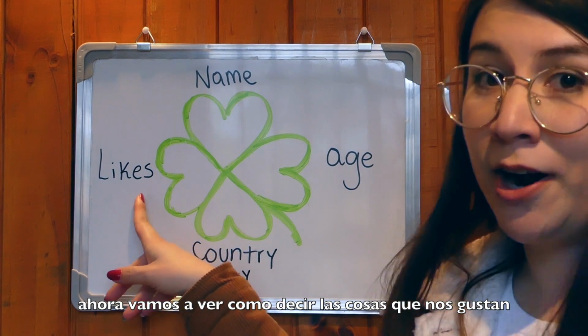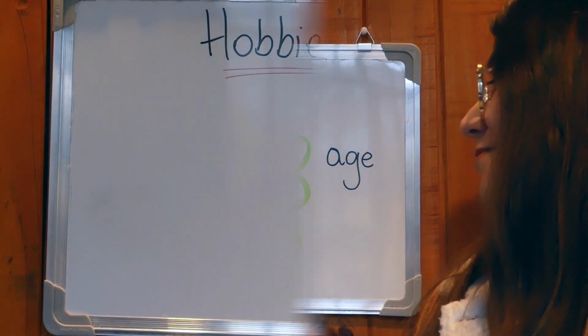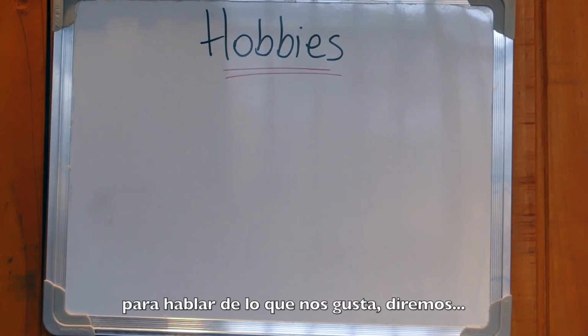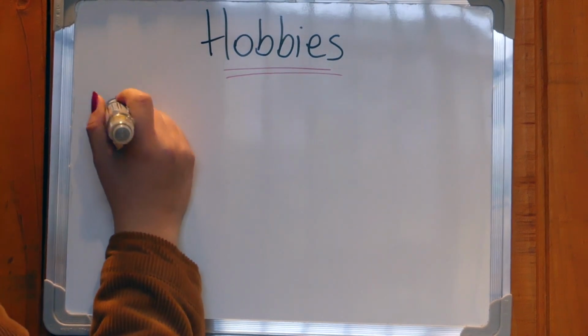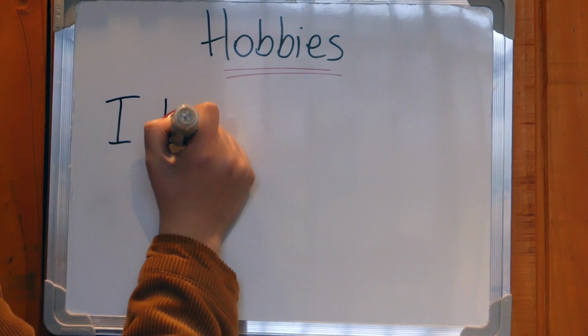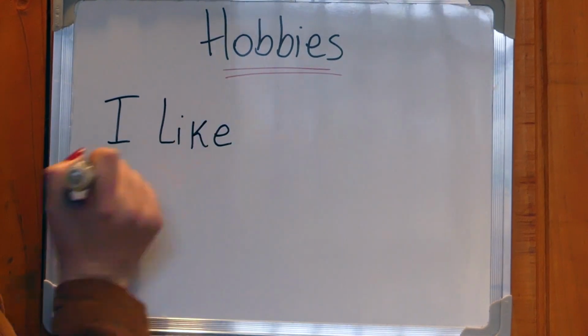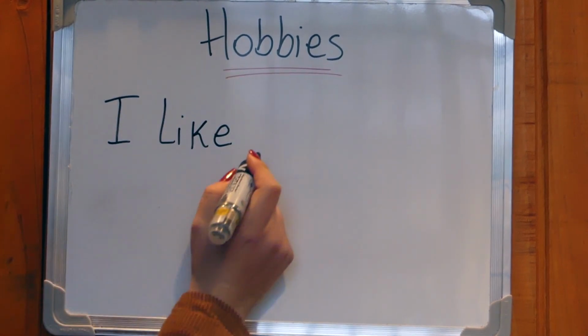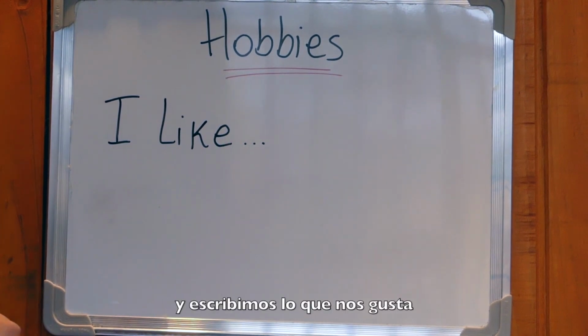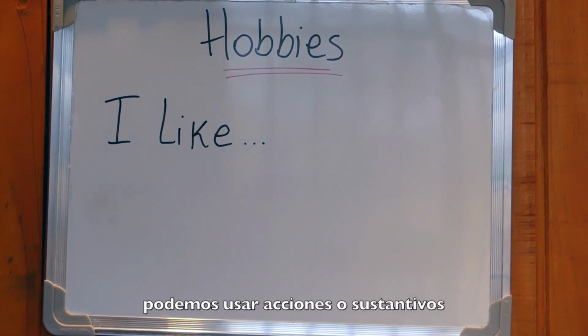Okay, right now let's learn a little bit more about how we can say the things that we like or our hobbies. To talk about the things that we like, we are going to use the following structure. I like, and then we are going to write the things that we like. We can use action verbs or we can use nouns.